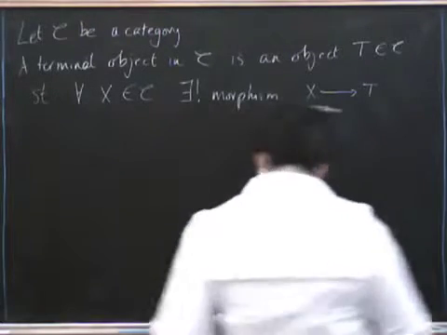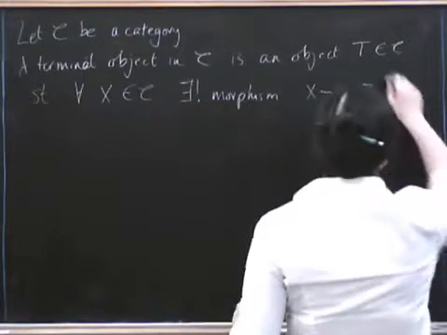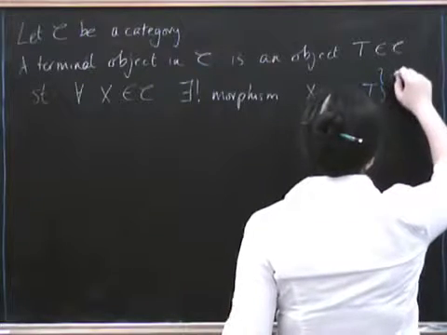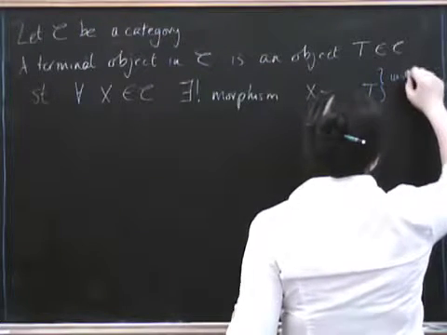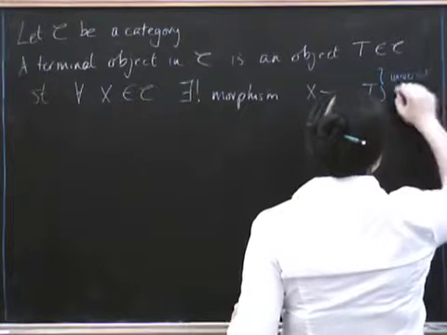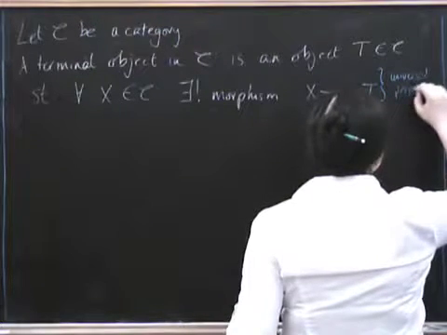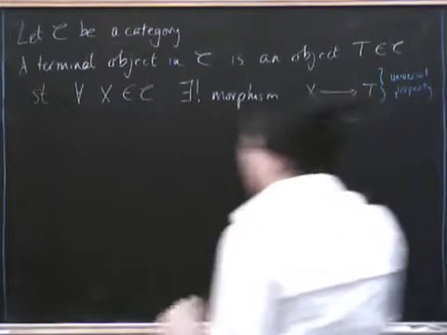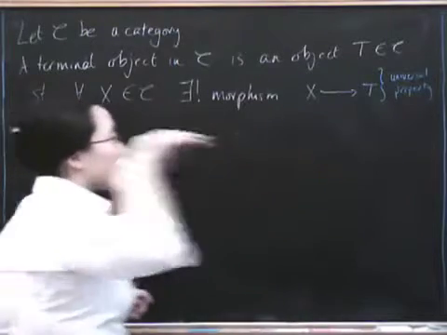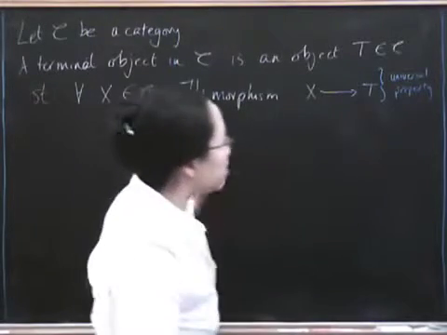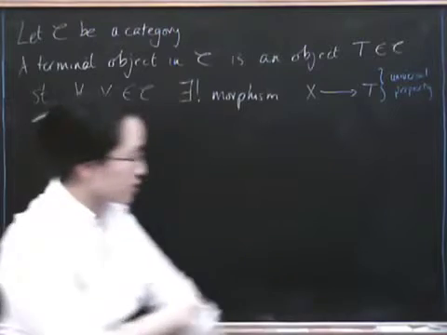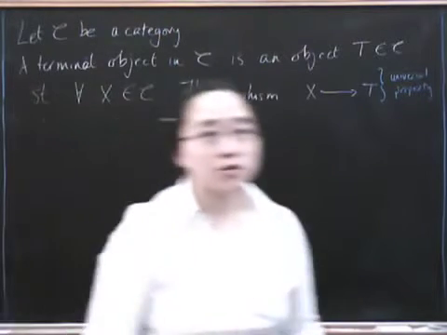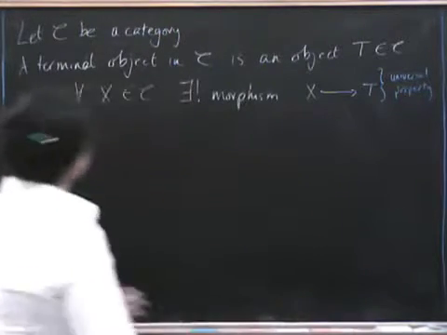So this is the, let's see, maybe I'll put it in blue. This part is the universal property. The part saying, among all objects, this one is the one that has a unique morphism going to it from everything else. Incidentally, these are also sometimes called final objects.